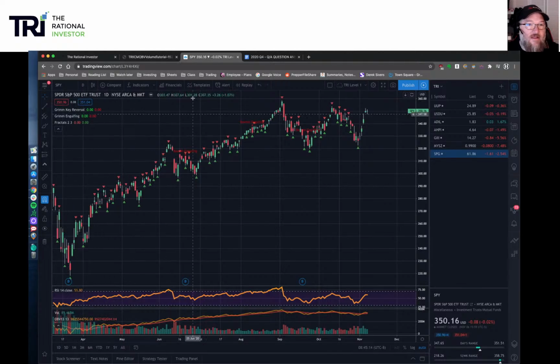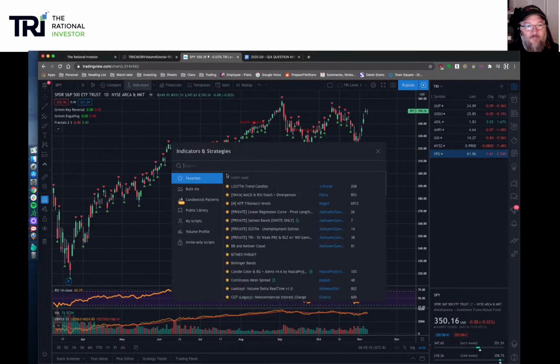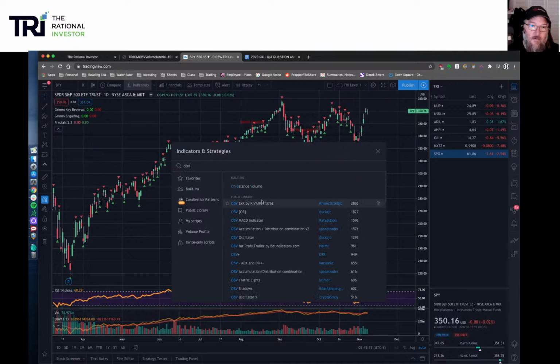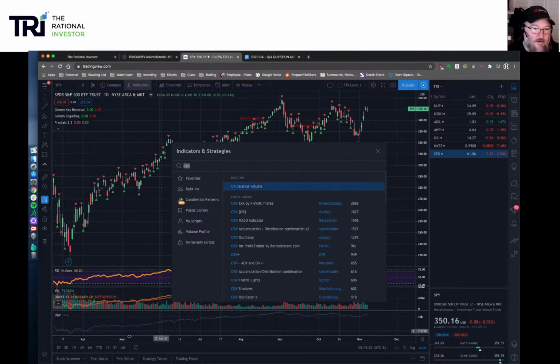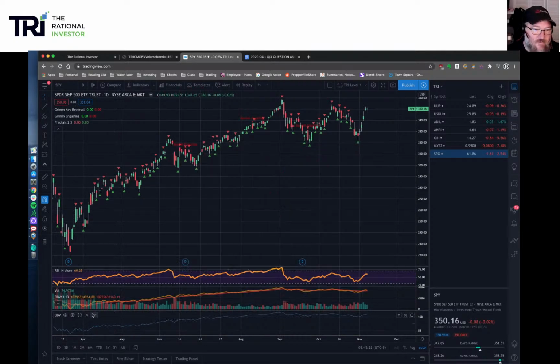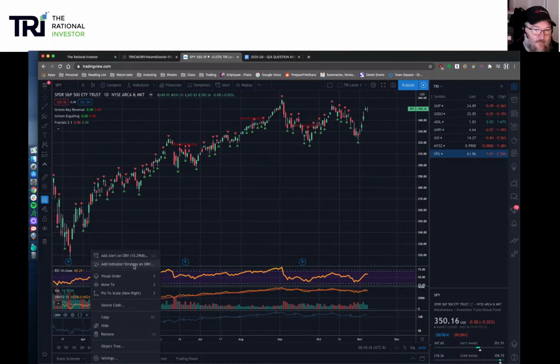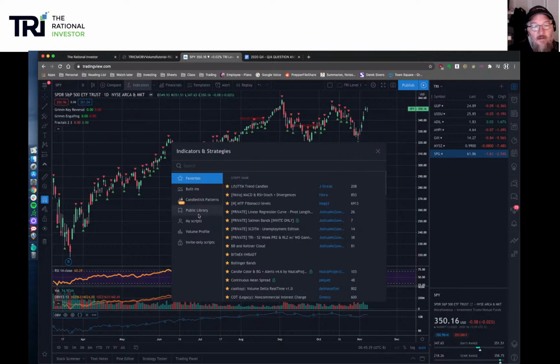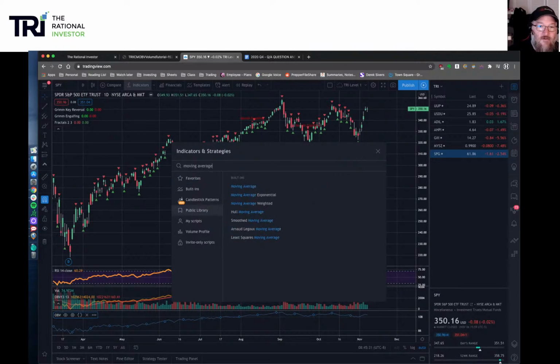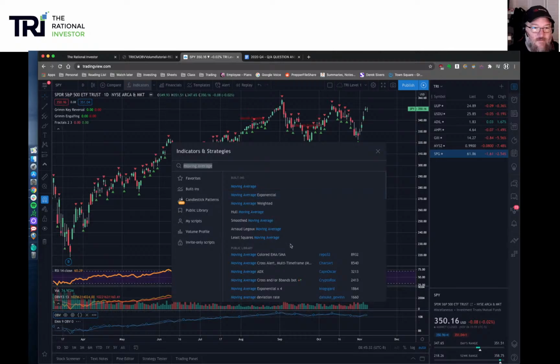So if we had the regular OBV and we threw it on our chart, we could then come in here and go add indicator, moving average. We put an exponential moving average there, and that's going to do the same thing.